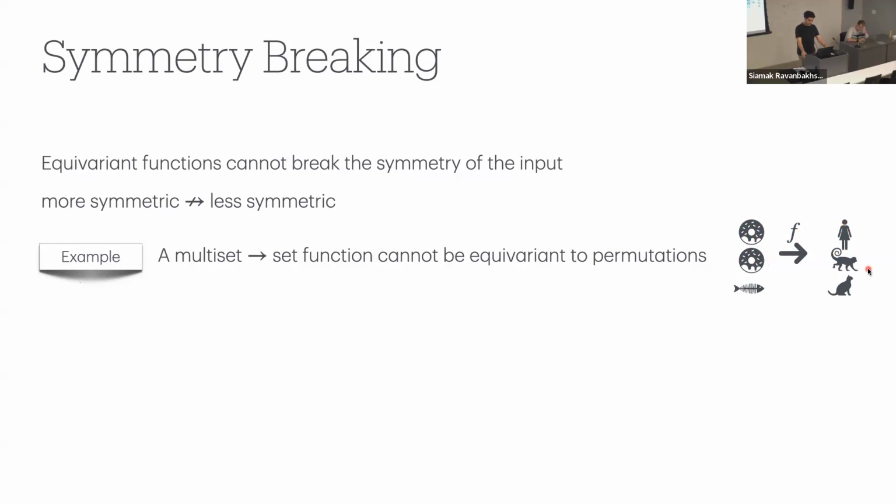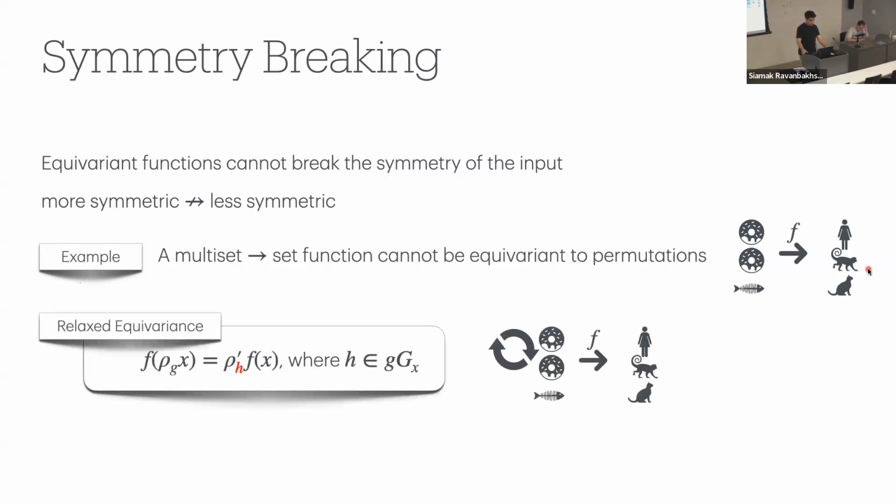So this is pointing out a problem with the definition of equivariance, in the sense that it doesn't account for the fact that you could have symmetries in the input. What we did in this work was to propose a relaxed notion of equivariance that says, as you transform the input, the output should transform, but up to symmetries of the input.